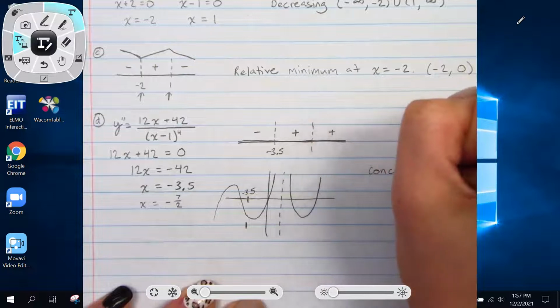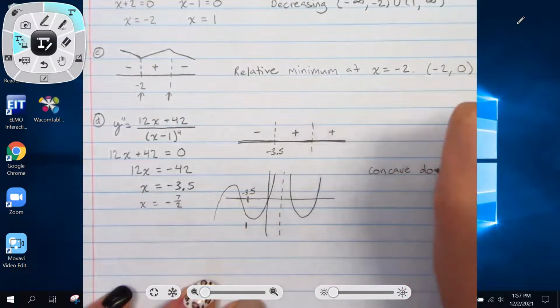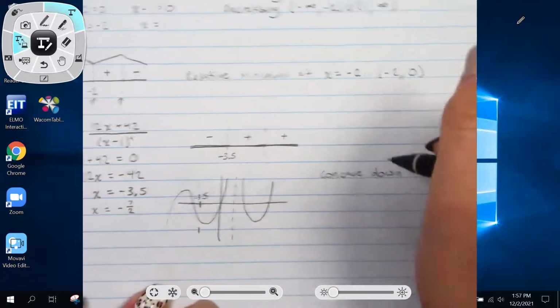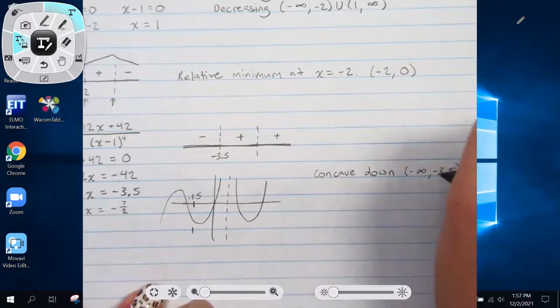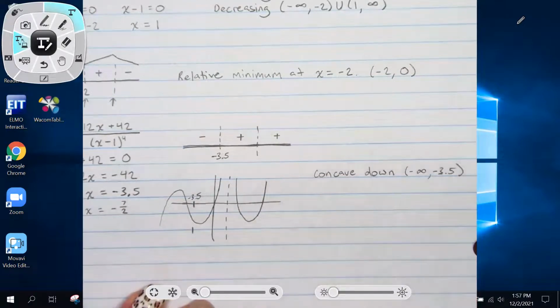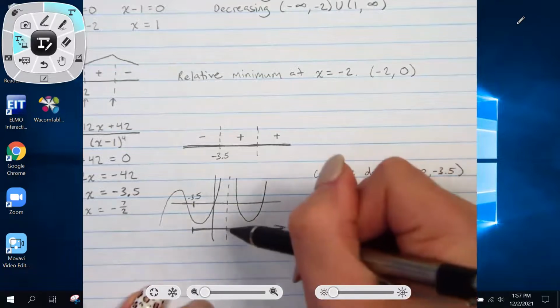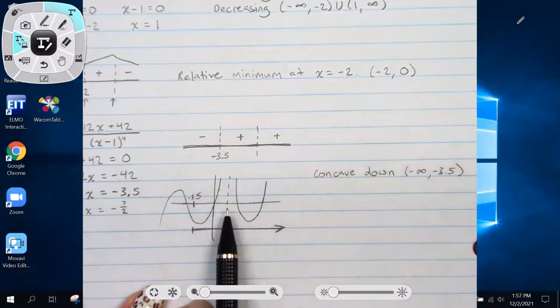The interval where it is concave down, there's no issue there. We know it's concave down from negative infinity to negative 3.5. But in my mind, you couldn't say that it is concave up from negative 3.5 to infinity, because it's not concave up at x equals 1. It doesn't exist at x equals 1.